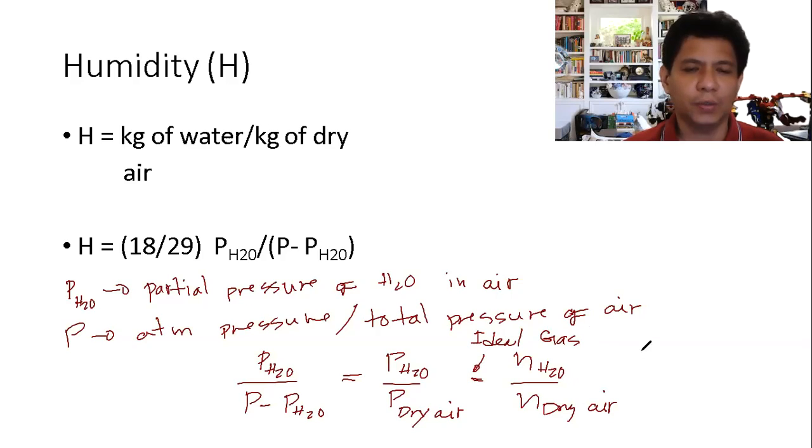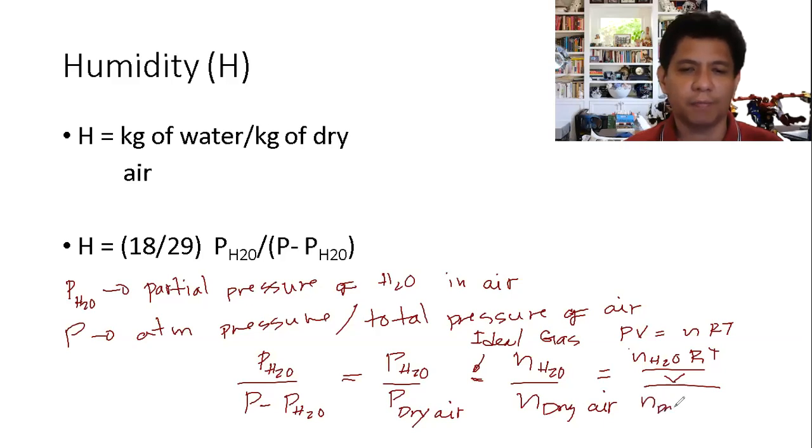Okay? So why is that so? Because the ideal gas equation is PV equals nRT. What will happen if you substitute the equation for pH2O? That would be nRT over V. That would be N water times R, the gas constant, times the temperature divided by the volume, and in the denominator you have N dry air times the same gas constant.